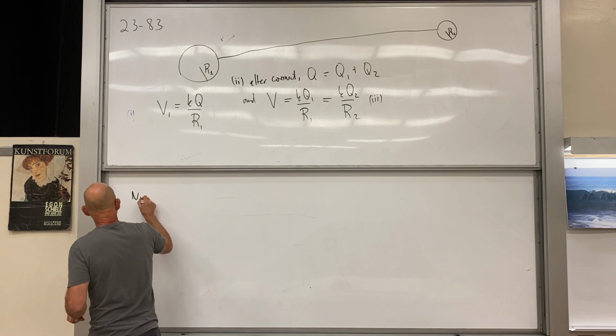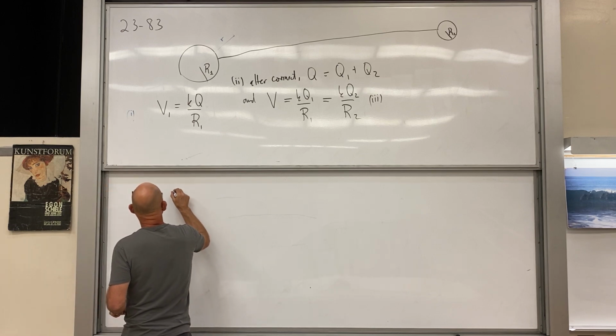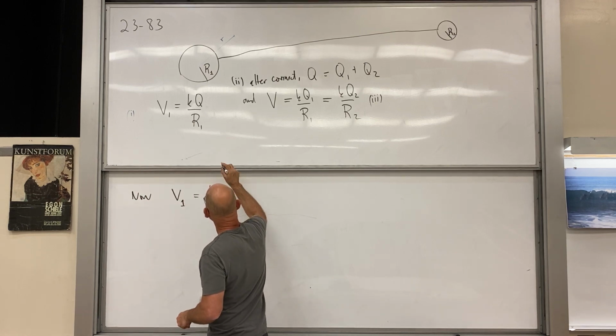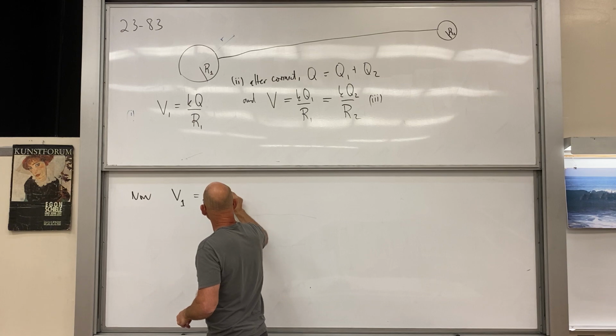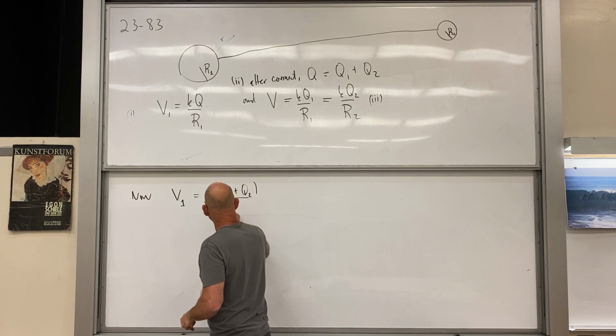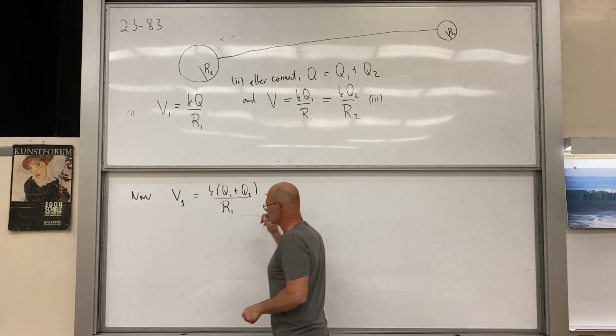Now, we've got this V1, which was given, K, and then we'll have Q1 plus Q2 over R1. So just keep going with this.